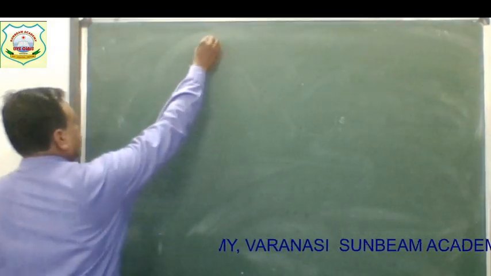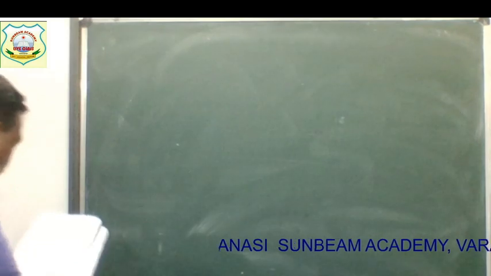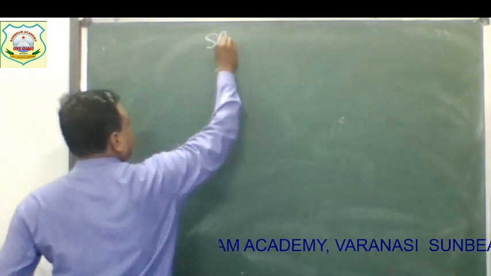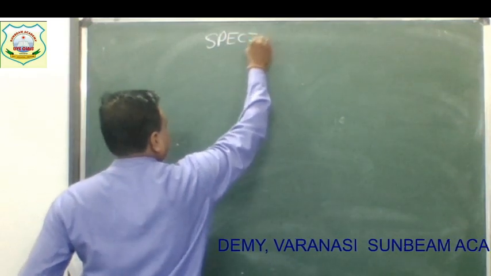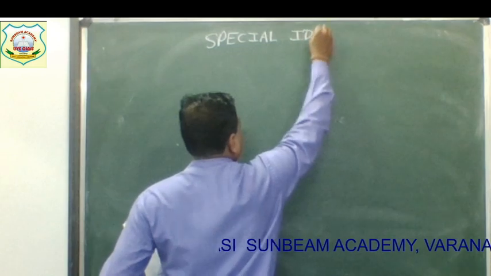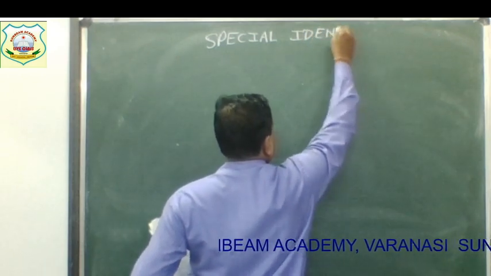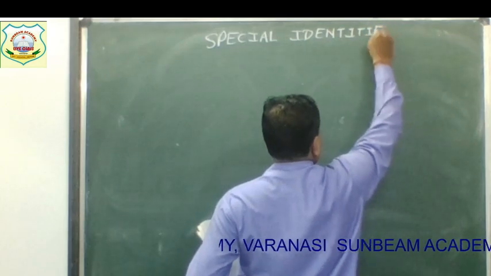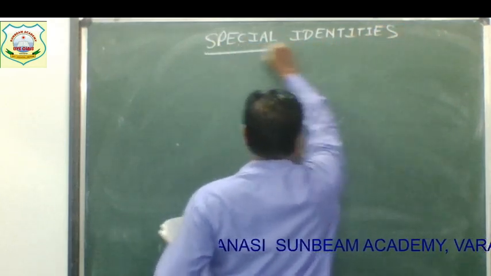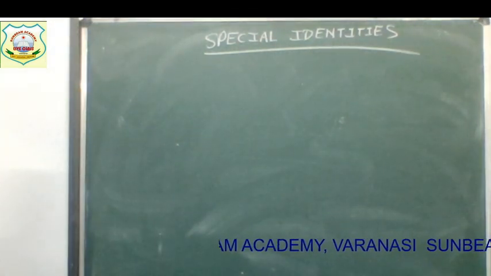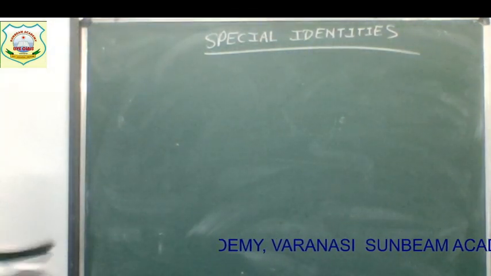Yes, given here, you can see the page number, page number 90. Special identities. There are three formulas given.